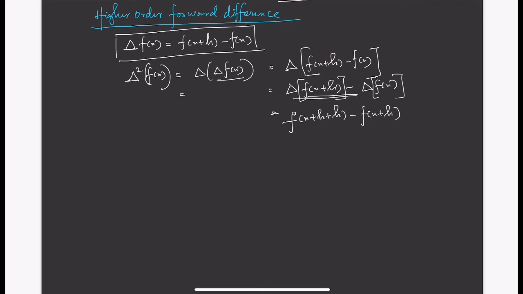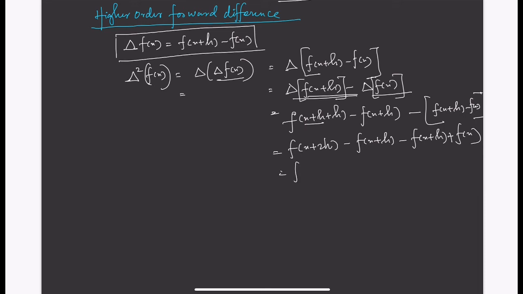Okay. x plus h is the term now. So f of x plus 2h minus f of x plus h, minus f of x plus h minus f of x. Then this is going to be f of x plus 2h minus f of x plus h minus f of x plus h plus f of x.